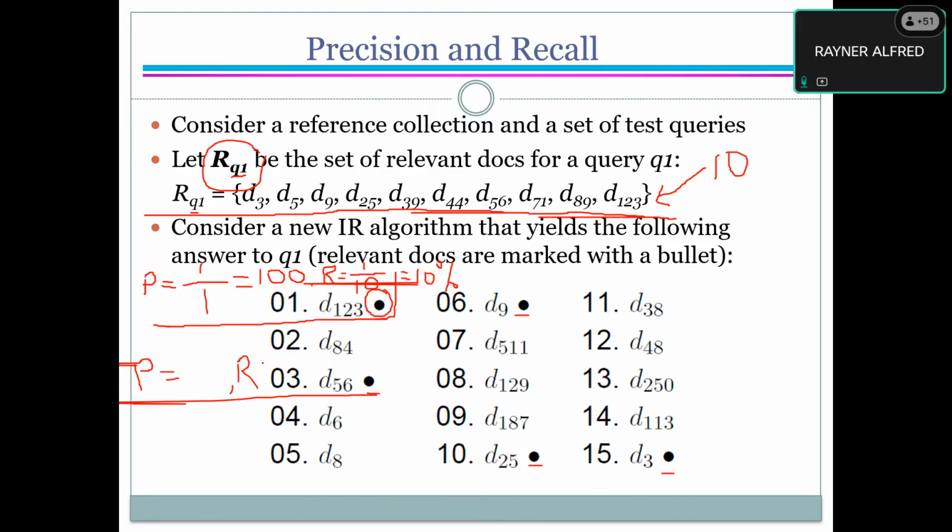The recall here is, because we have 2 at this point, so we have 2 over 10, right? And then the precision will be 2 over 3, because this is the set of answers we get.